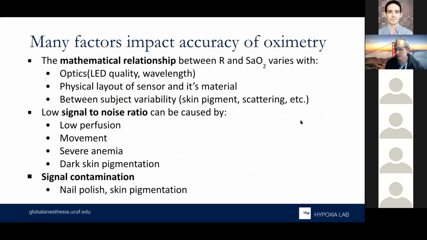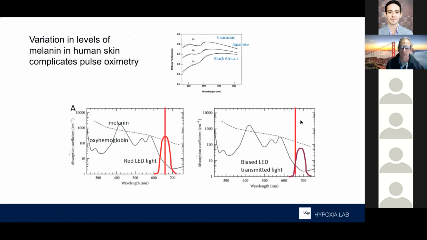Many factors affect the performance of oximetry. Some of the things that are most important are low perfusion, movement by the subject, anemia, and dark skin pigmentation. Let's go on to the topic of dark skin and how it can impact the performance.